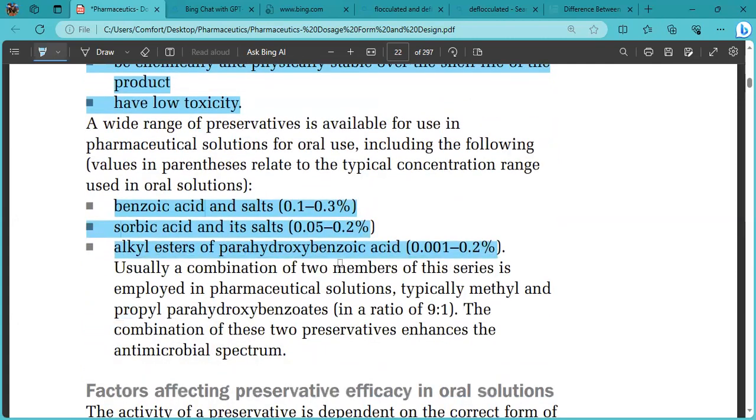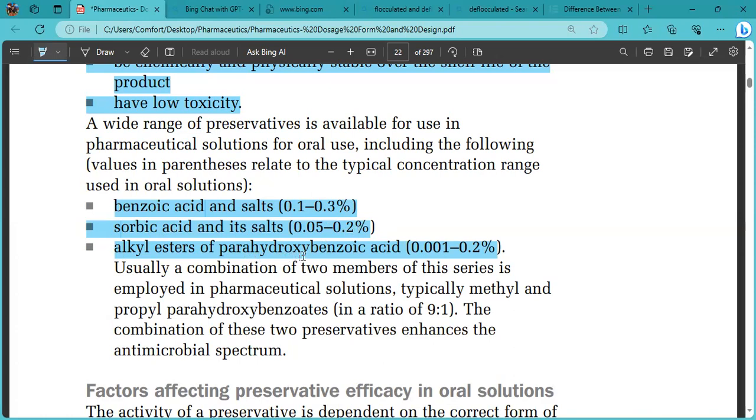So the common ones that are used are benzoic acid and its salts like sodium benzoate, in percentages of 0.1 to 0.3 of the bulk of the solution that you're going to make. And then sorbic acid with its salts, like potassium sorbate, which you must keep between 0.05 and 0.2.